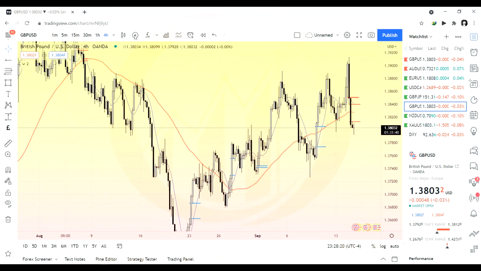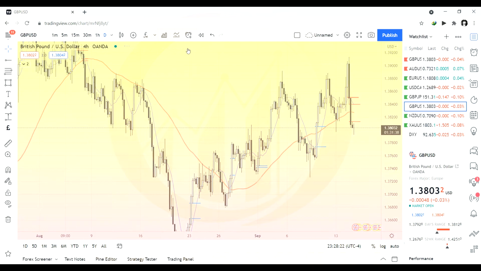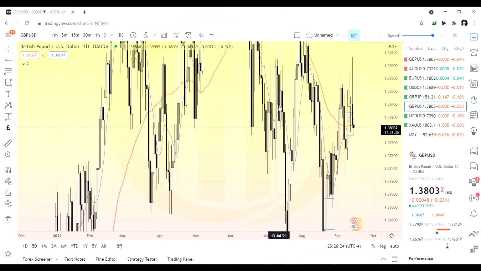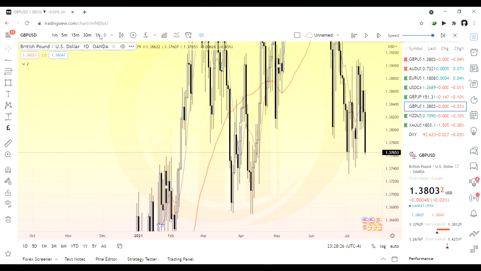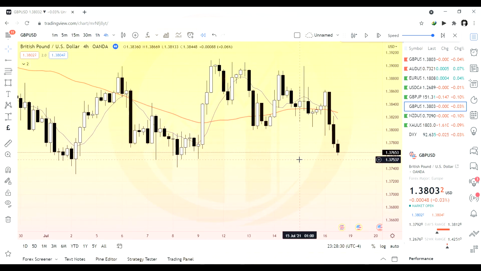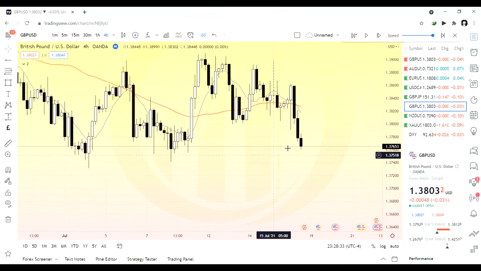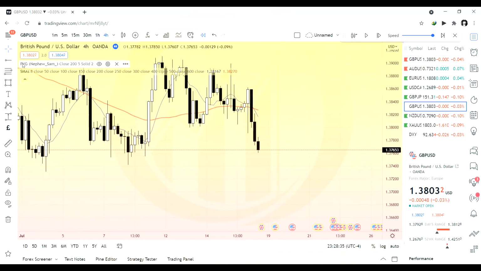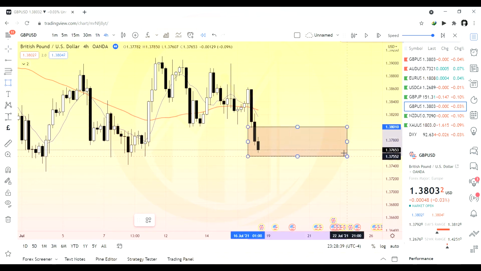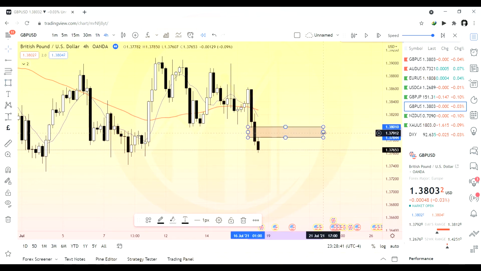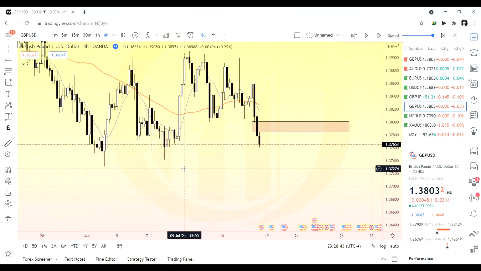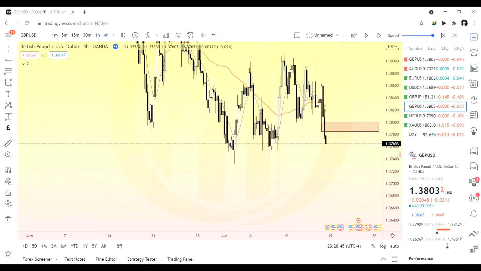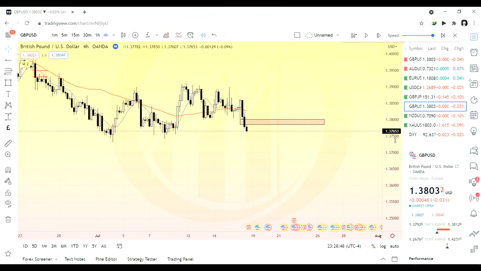What I will do is do a bar replay. Let's just pick a random spot. Let's go to the 4-hour time frame, right? And right here, sometimes the indicator may not indicate a gap right away. Right here, I could spot one, clear as that. And right now, you just wait.